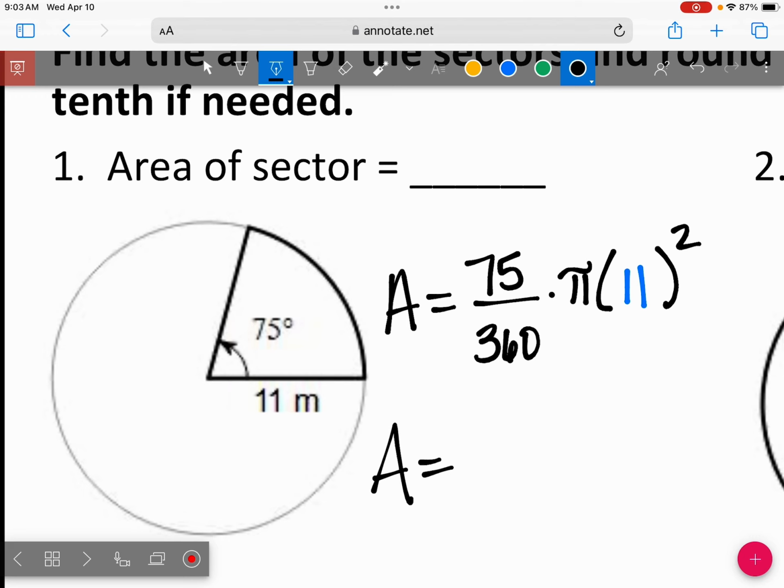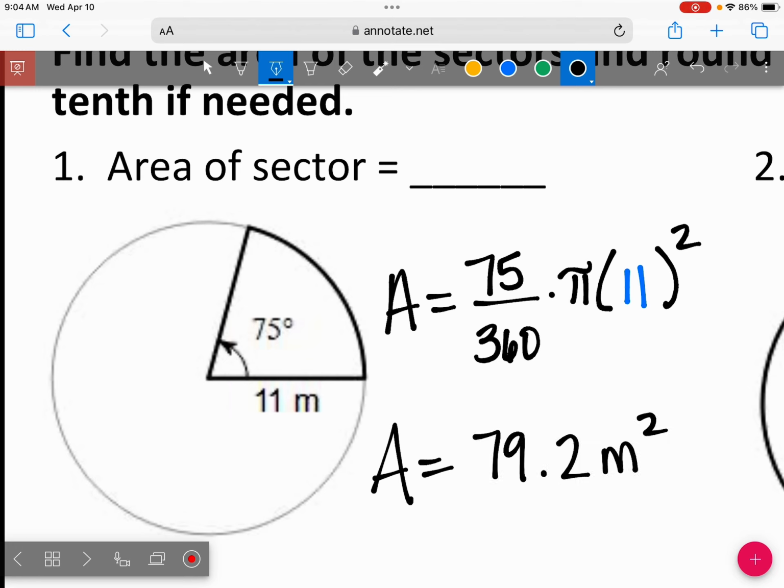Anybody need a calculator? All right, so when I type it in, 75 over 360 times pi r squared, hit the button above enter.